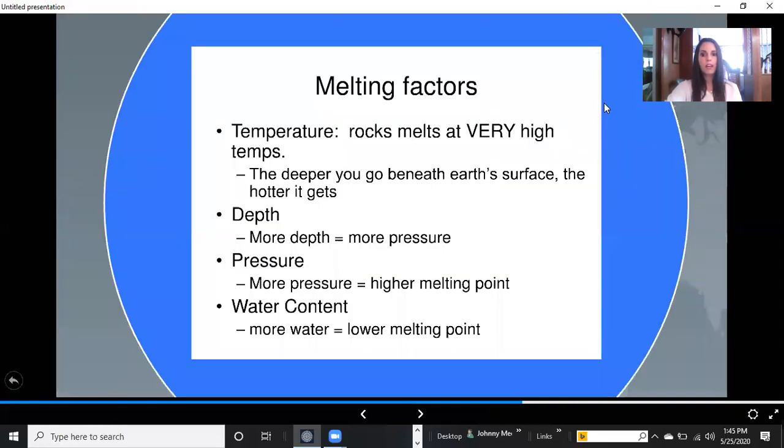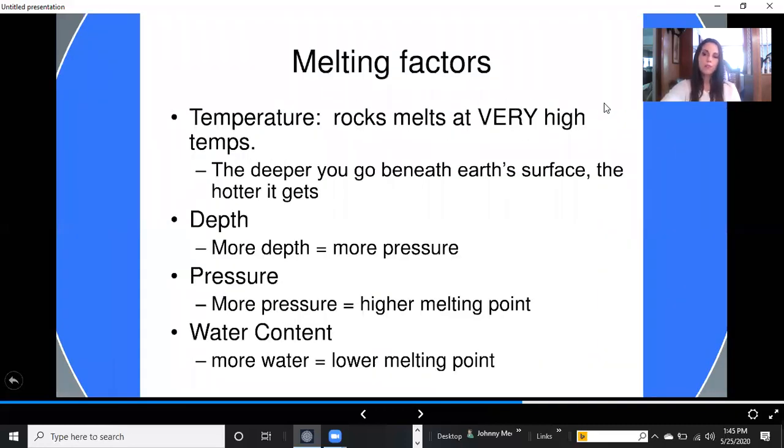So melting factors. Temperature: rocks melt at very high temperatures, and the deeper you go beneath the Earth's surface, the hotter it gets. Another factor besides temperature is depth. More depth, more pressure. So the more pressure that is being put on these elements that are forming molecules, the more they're going to come together. More pressure equals higher melting point. So the deeper you go, the more pressure you're going to have.